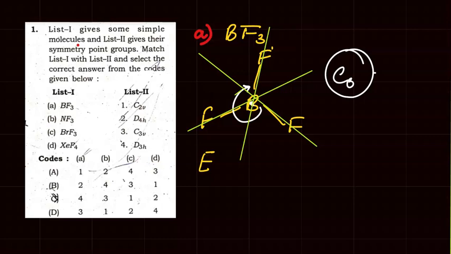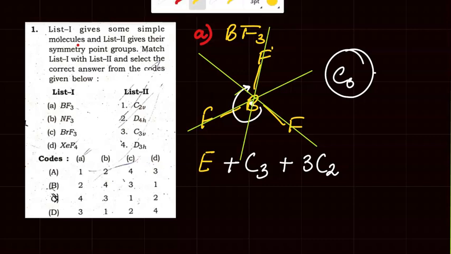So our C3 axis is the principal axis of symmetry, along with three C2 axes present here.